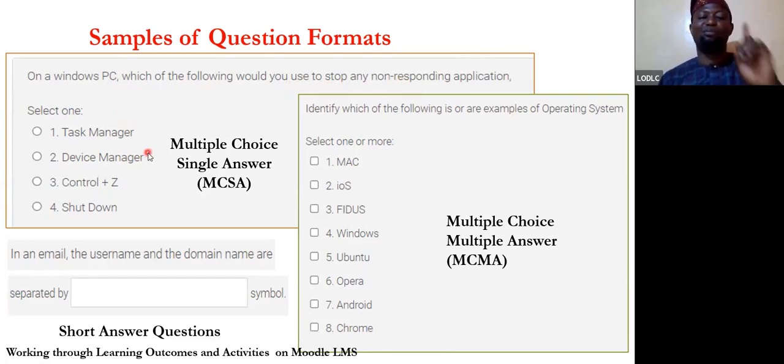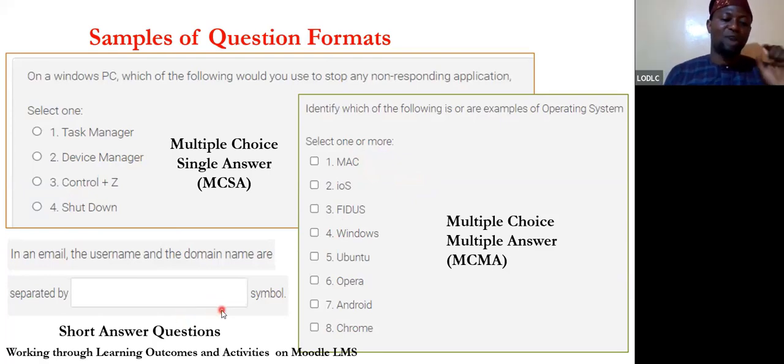This is an example of multiple choice, single answer. Many options are provided, but students are expected to pick just one answer. Then we have multiple choice, multiple answers, which simply means students are expected to pick more than one option. Identify which of the following is or are examples of operating systems. Select one or more. So students are expected to select more than one option here.